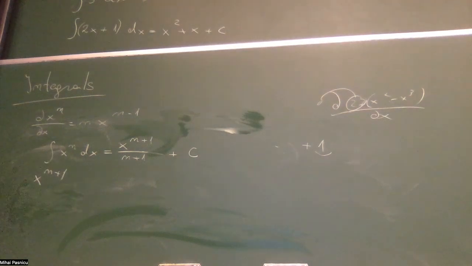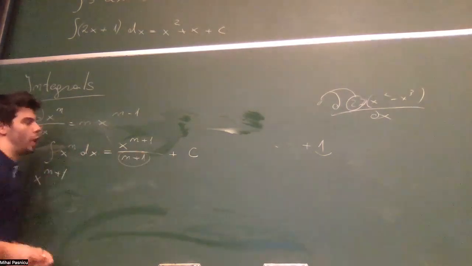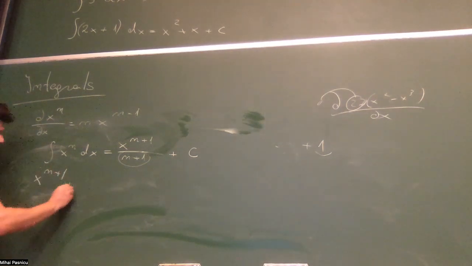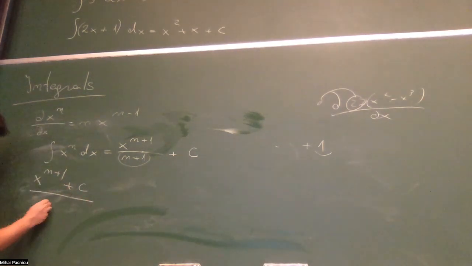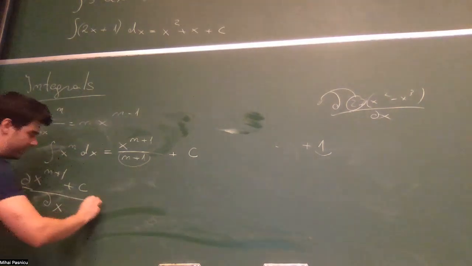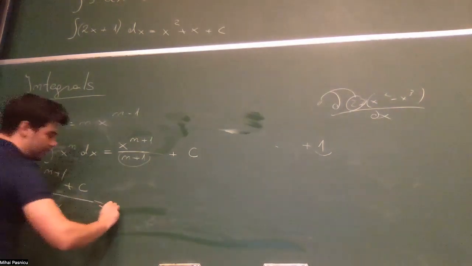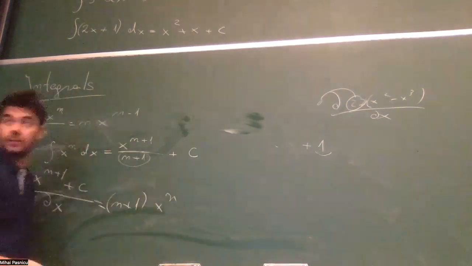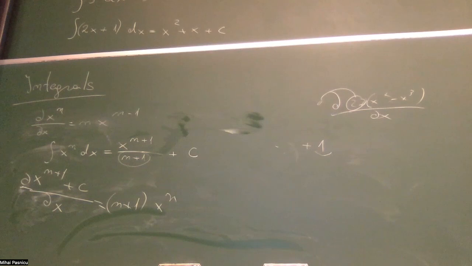I got a question in which they asked me why I get this. So let's play devil's advocate. Maybe the person's right. So take x to the n plus 1 plus a constant. I want to get x to the n after taking the derivative. But if I take the derivative, I'm just going to get n plus 1 times x to the n.